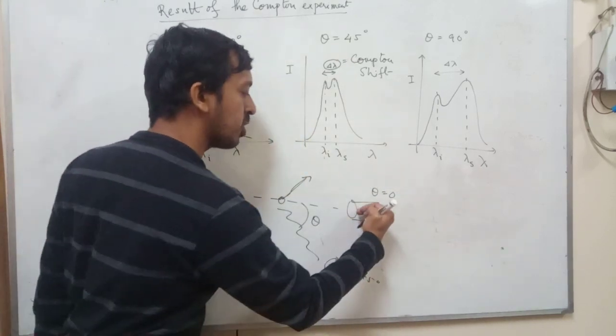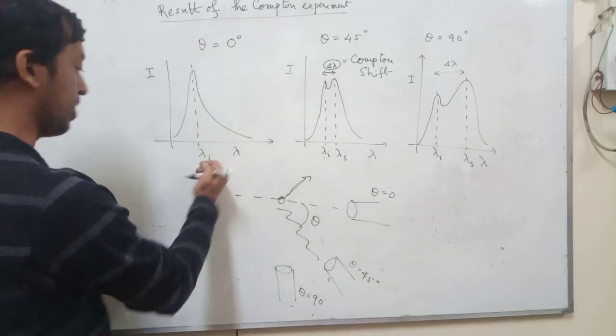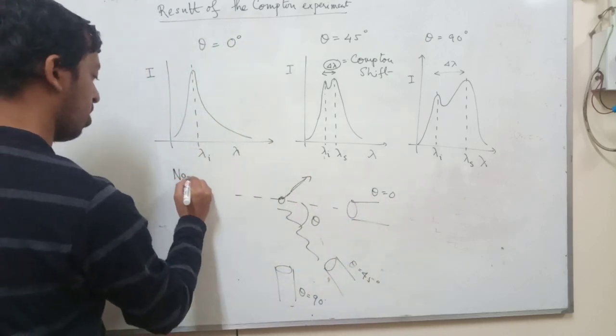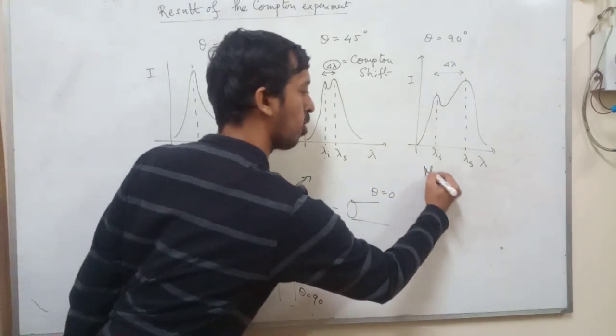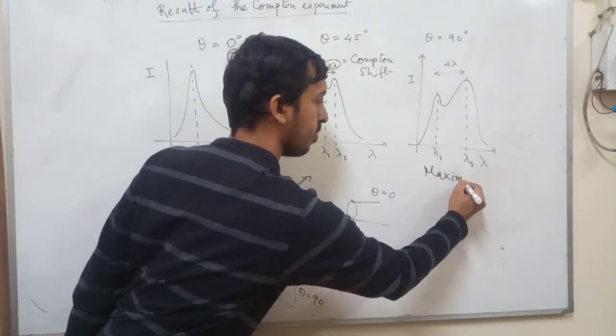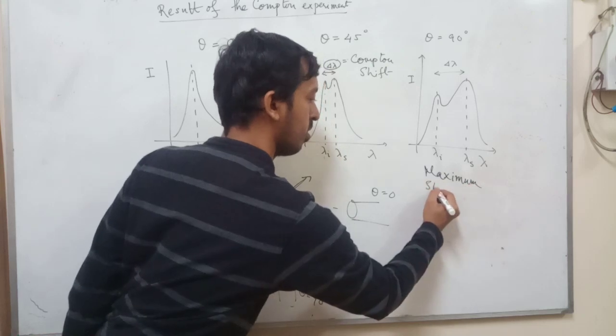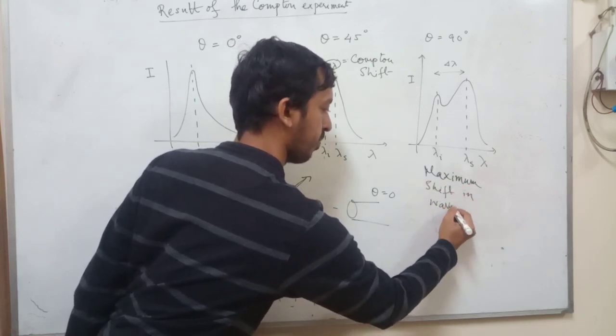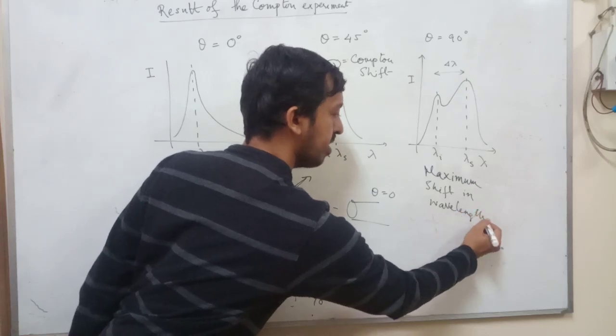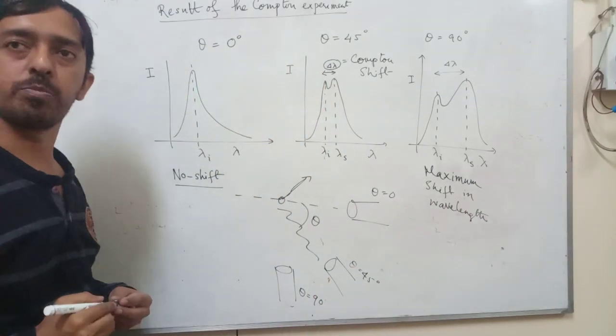When the scattering angle is small, there is no shift at all. This is minimum shift or no Compton shift, and this is maximum Compton shift, the shift in wavelength. That is the result of the Compton scattering experiment.